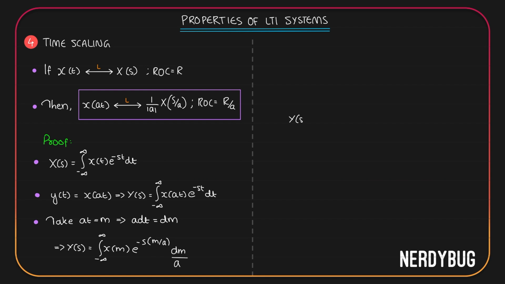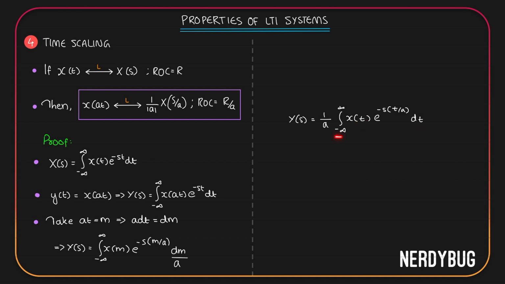So we get Y of s is equal to 1 by a integral from minus infinity to infinity x of m e raised to minus s into m by a. We know it doesn't matter what we call the variable of integration, so instead of m, I'll call it t itself.